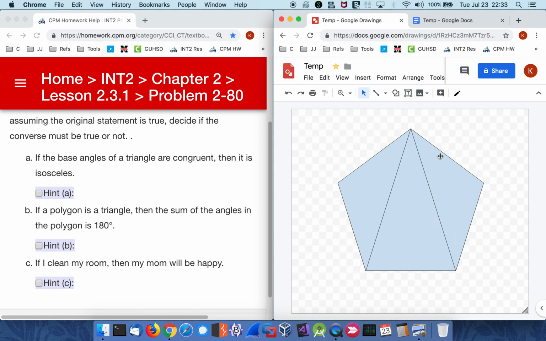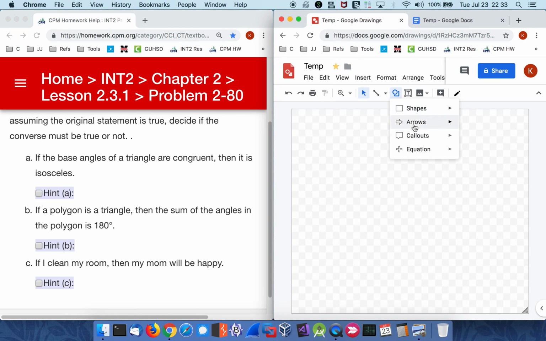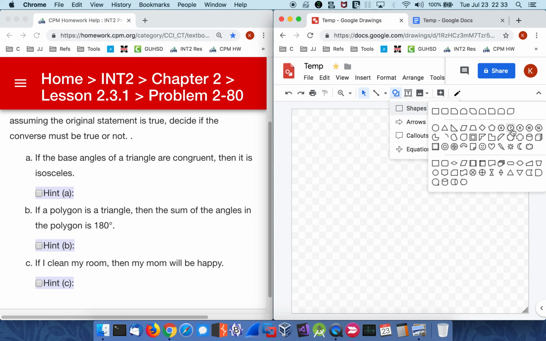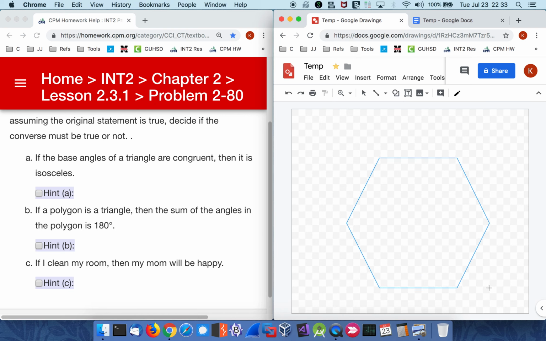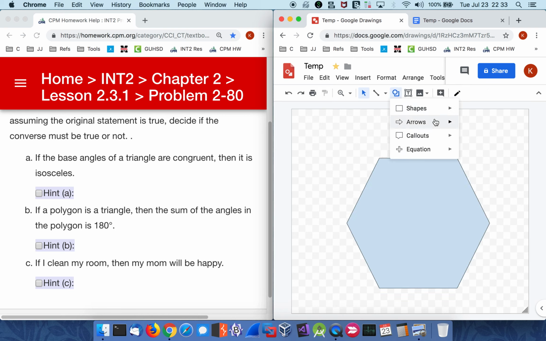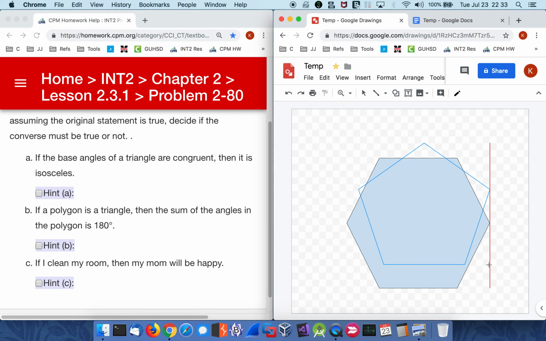And if you add even more sides, there's even more, because the more sides we get, the wider these angles get. Let's look at a hexagon. Here's six sides. Each of those angles is even bigger than in the pentagon.